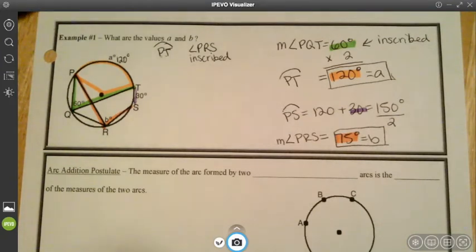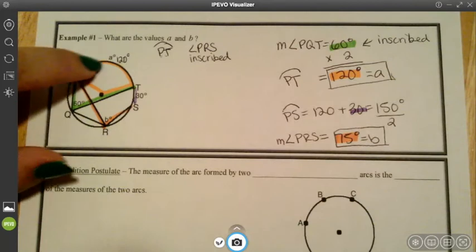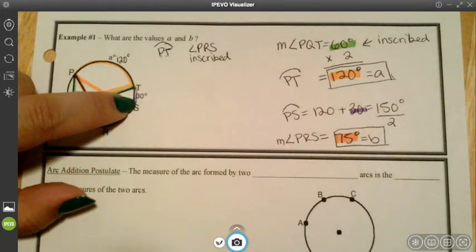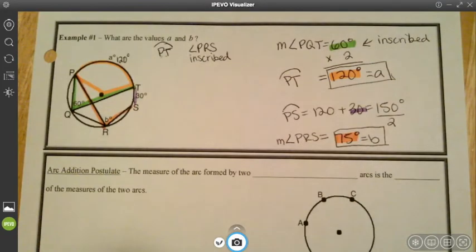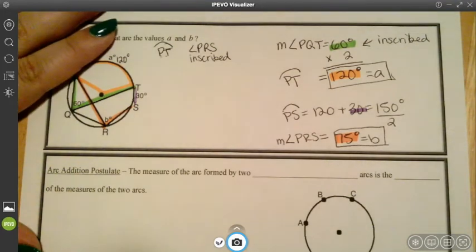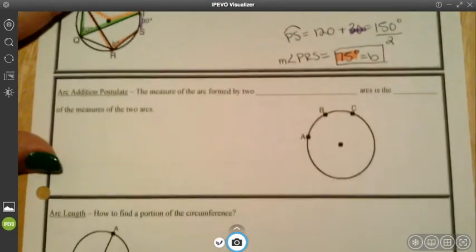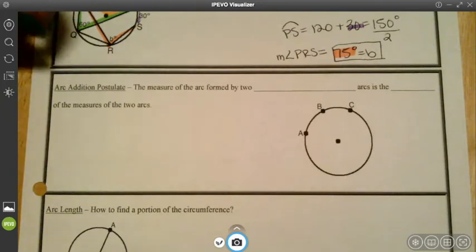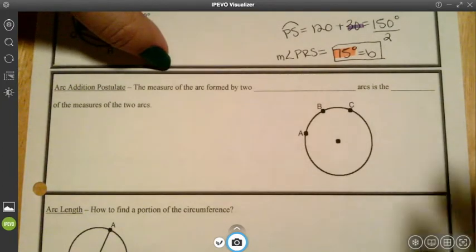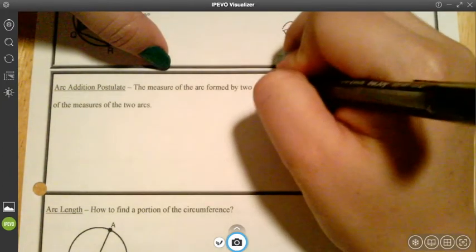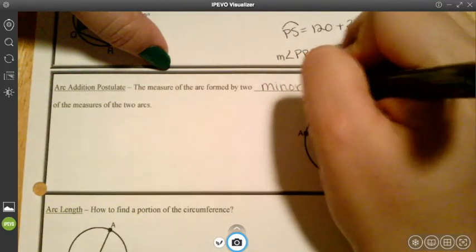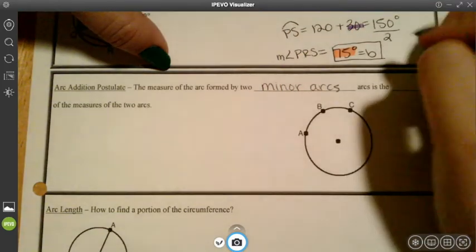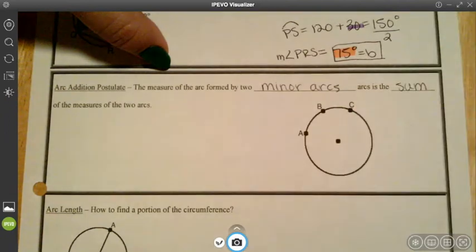Okay. Now we used a feature here that we haven't formally stated. We said that if we add the orange arc plus the purple arc, it would give us 150 degrees. So let's go ahead and state that formally. The arc addition postulate states that the measure of an arc formed by 2 minor arcs is the sum, so we add them up, of the measures of the 2 arcs.